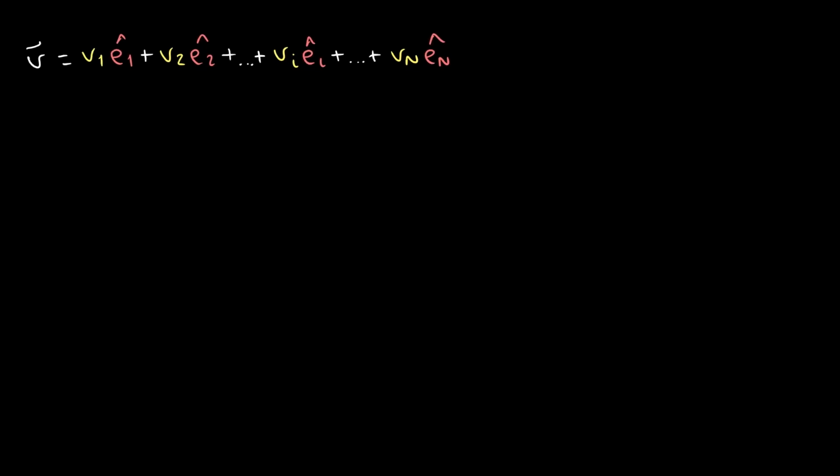The recipe to find any of them is to do the inner product between vector v and the corresponding basis unit vector. For example, let's say we are interested in the ith component. Following the recipe, to get the ith component of the vector, we do the inner product with the ith basis vector, ei.